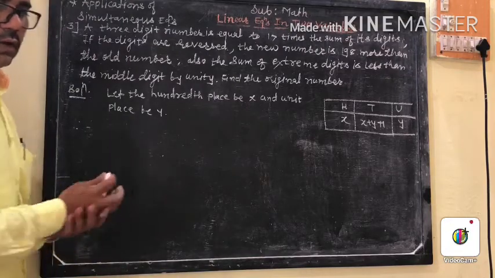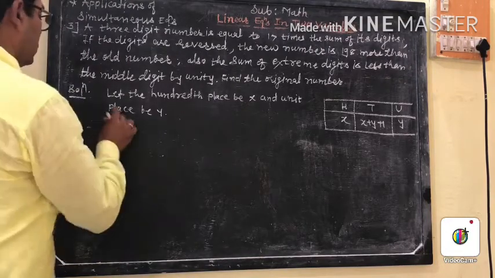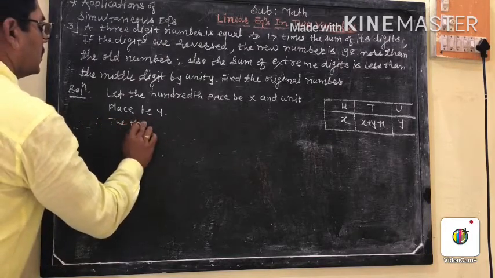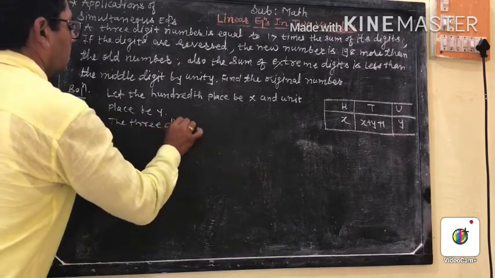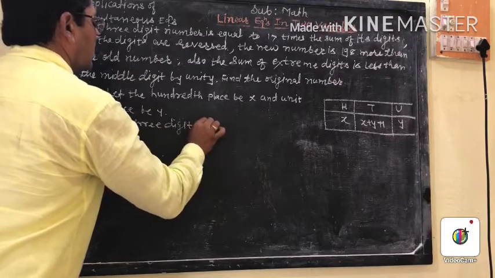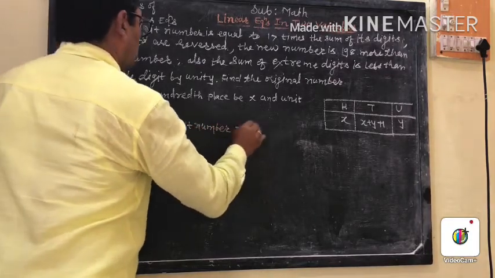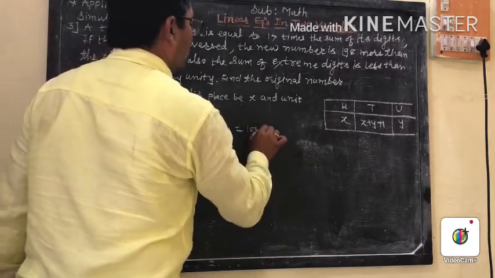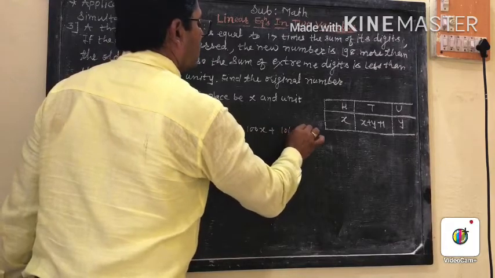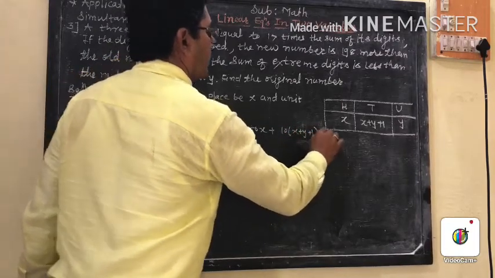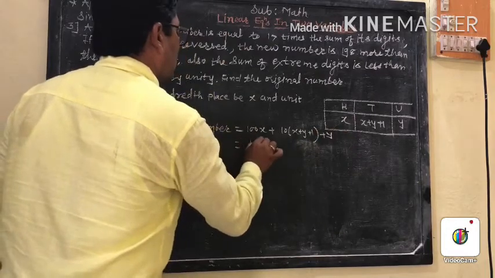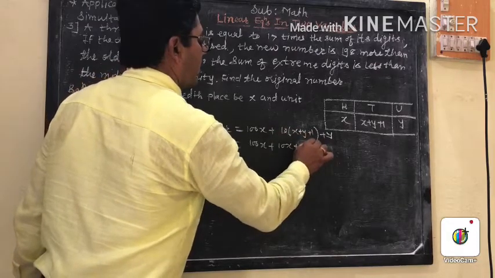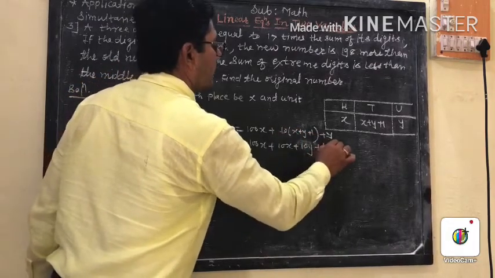First we have to find what the 3-digit number is. Therefore, the original 3-digit number is equal to 100x plus 10 into x plus y plus 1 plus y, means 100x plus 10x plus 10y plus 10 into 1 is 10, plus y.